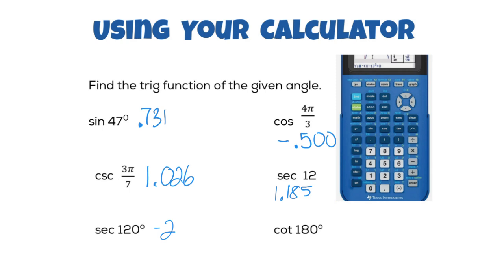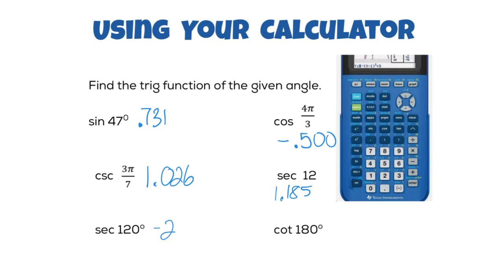Okay, last one. Go ahead and do it. Cotangent of 180. We're already in degree mode, so that was good. Can't do cotangent, so I'm going to do tangent of 180. Press enter.